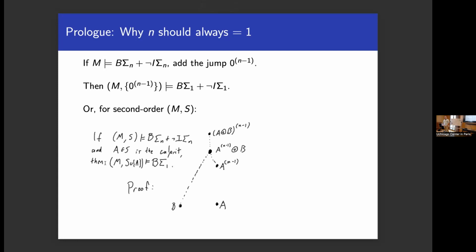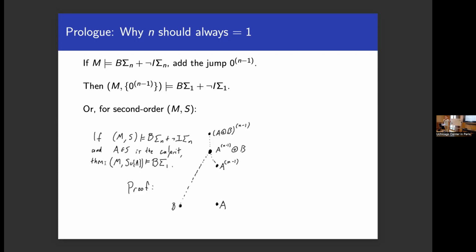Now, anticipating an objection that maybe this wouldn't work for second order models, you can see I saved a lot of time in LaTeX by handwriting this diagram. Sorry for the chicken scratches, but if you have a second order model, what does this prove? It proves that instead of adding 0 to the n minus 1 jump, you take some A relative to which I sigma n didn't hold.